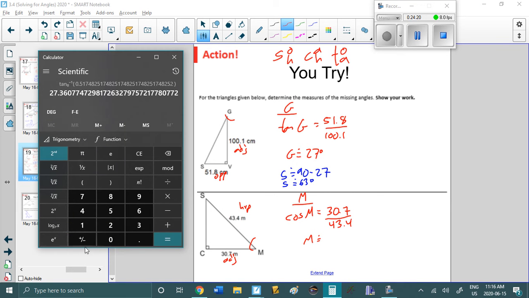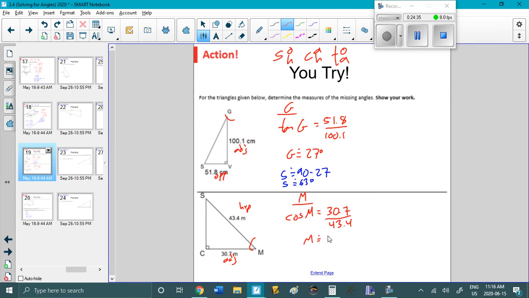And we do 30.7 divided by 43.4 equals, we're doing sine or cos, so it's got to be 0 point something. Second cos is about 45 degrees. And then for angle S, it's going to be 90 minus 45, or 180 minus 90 minus 45, and we get approximately 45 degrees.